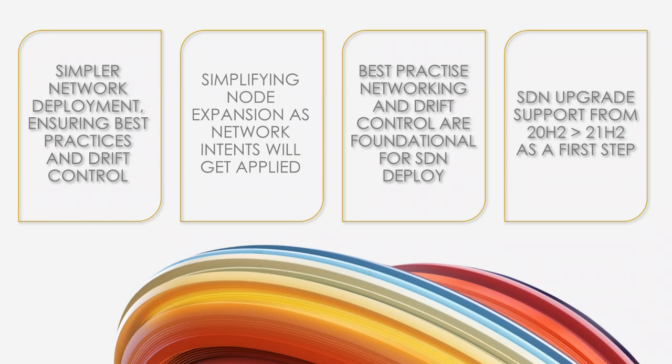We've got better control in terms of network drift. We've got better control in terms of upgrade. So we're automating more and having fewer problems, because in the past we've had all these problems.